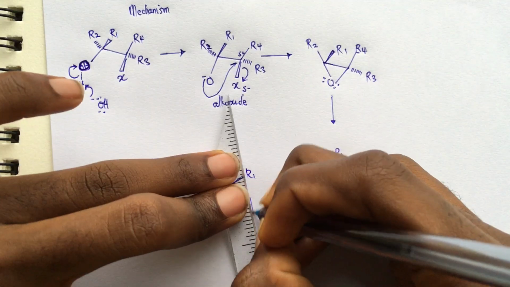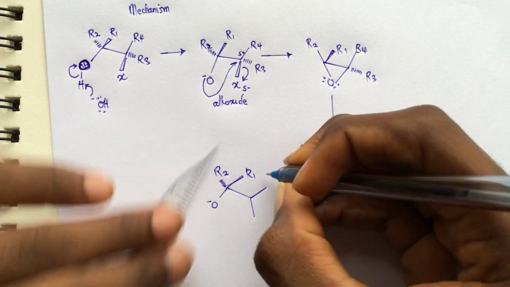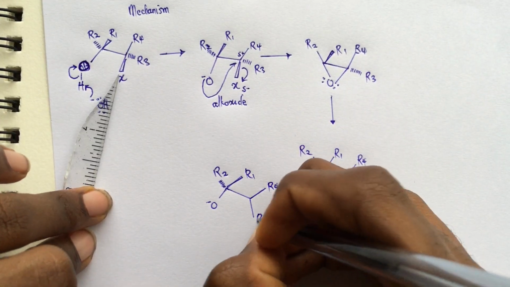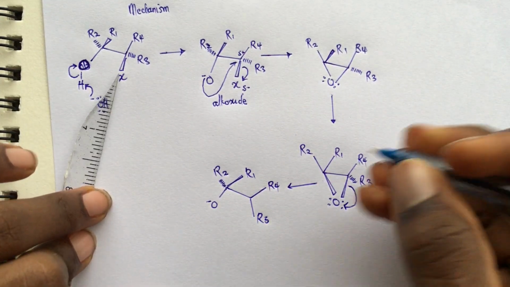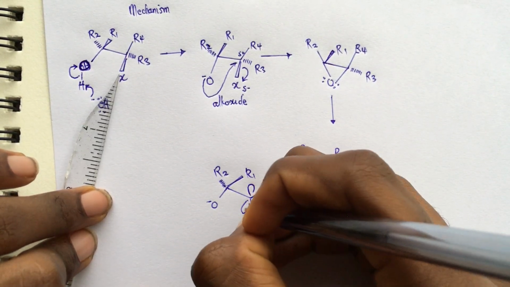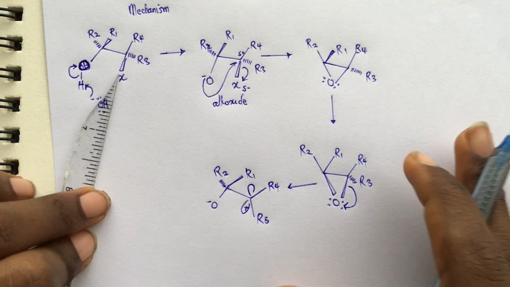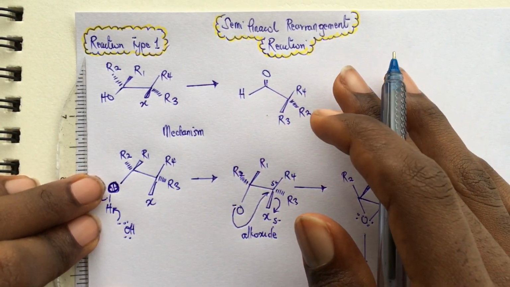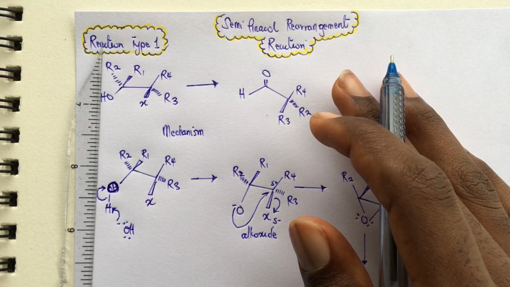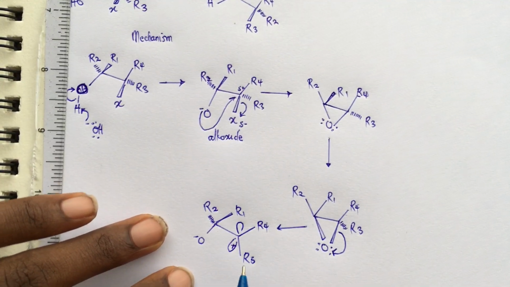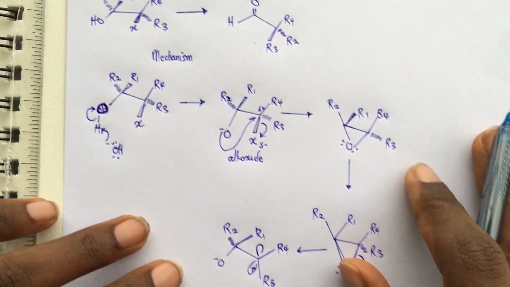Now this carbon will be sp3 because it's only bonded to R4 and R5, and there is nothing there. So our carbocation has a positive charge. And if you look at the product of it, right, it means we did something there, we removed something. Okay, so here we are actually trying to shift something around.